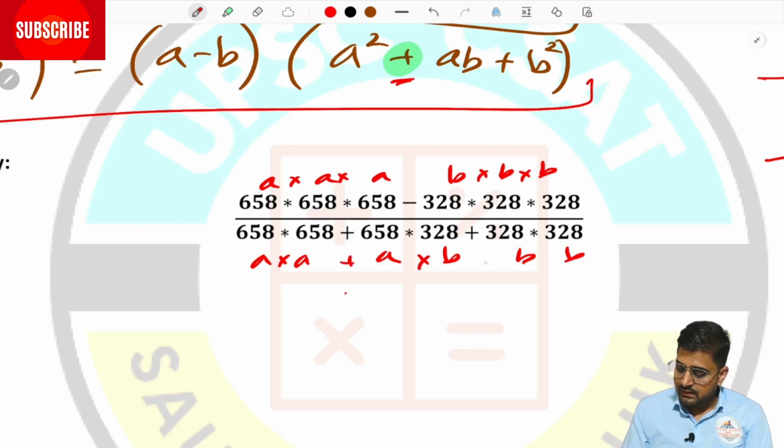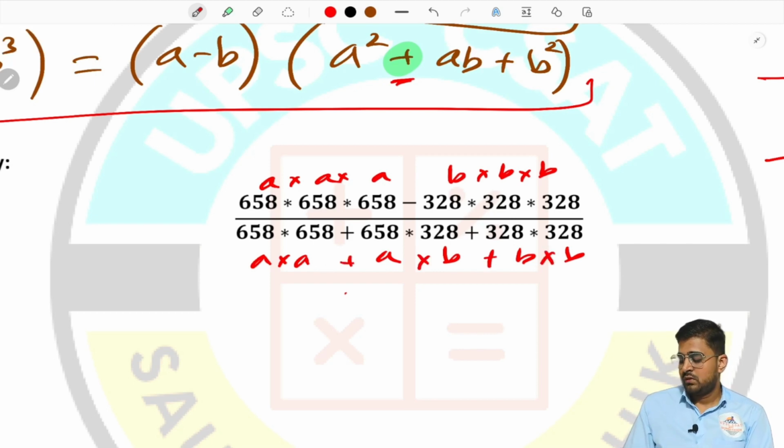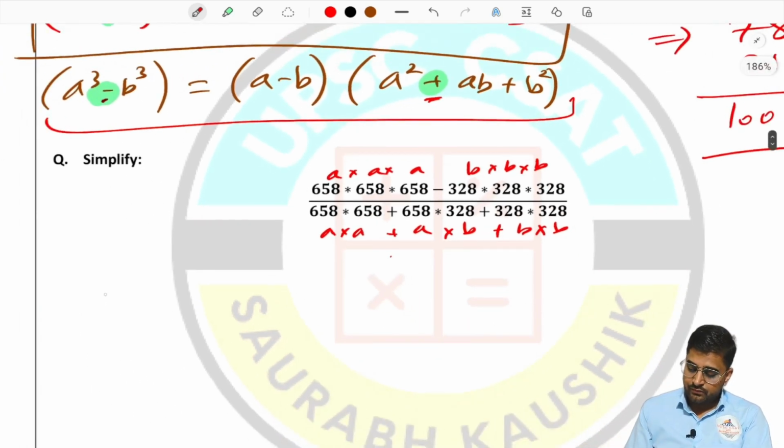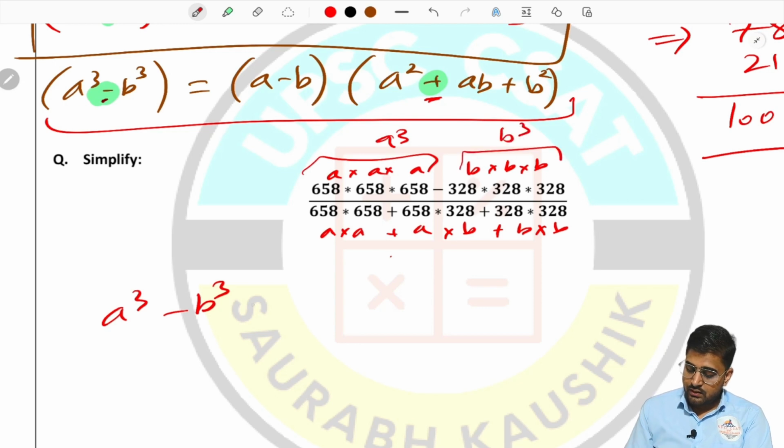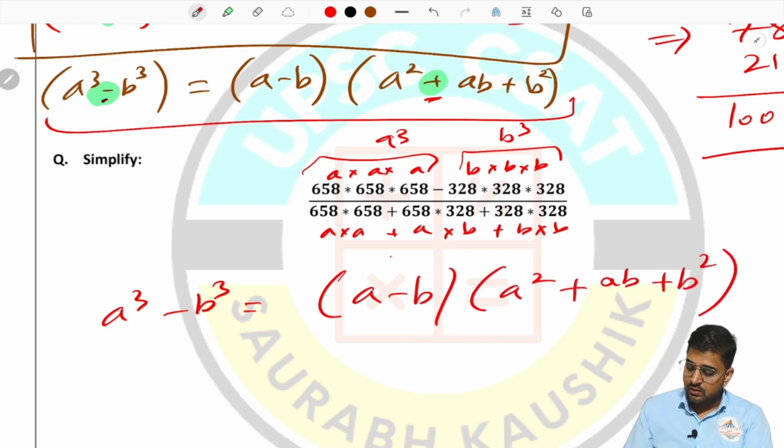They are basically asking you what kind of expression it is, and do you know the identity of a cube minus b cube? This is a cube now, so the expression of a cube minus b cube is a minus b, a square plus ab plus b square.